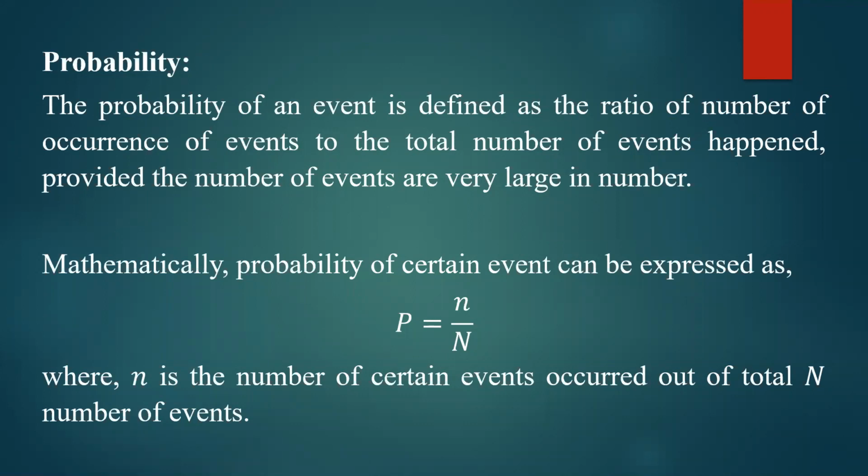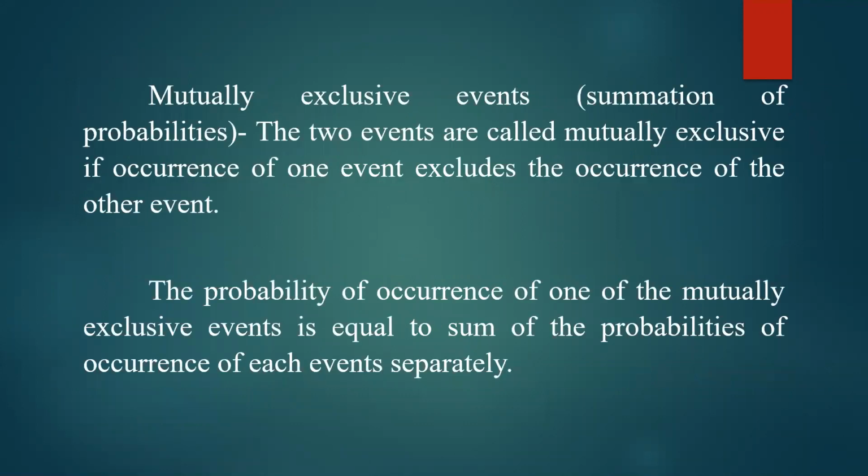Okay, this is probability. Let us take a different example to understand this. Two types of probability calculation come up here. This is basically not useful in this topic, but for the sake of interest, I am telling it here. One is called mutually exclusive events, where you have to take the summation of probability.